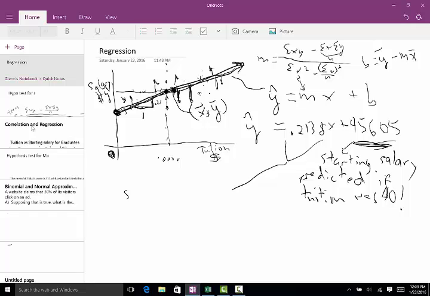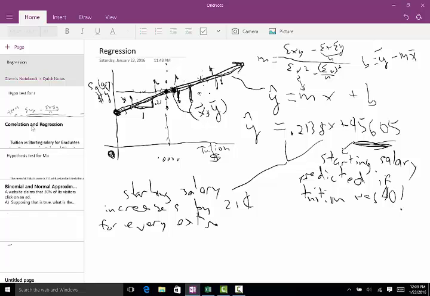So in this case, starting salary increases by 21 cents for every extra dollar spent on tuition.